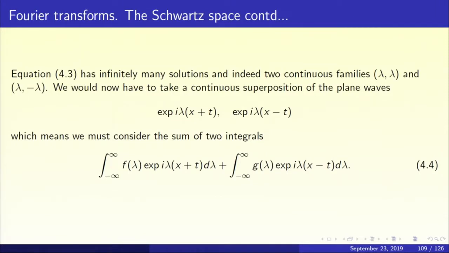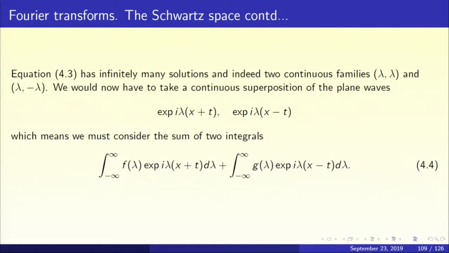So we are looking at the most general solution of the wave equation displayed in 4.4: integral from minus infinity to infinity of f of lambda exponential of i lambda into (x plus t) d lambda, plus integral from minus infinity to infinity of g of lambda, the other density function for the second family of solutions, into exponential of i lambda into (x minus t) d lambda, equation 4.4 that you see on the displayed slide.